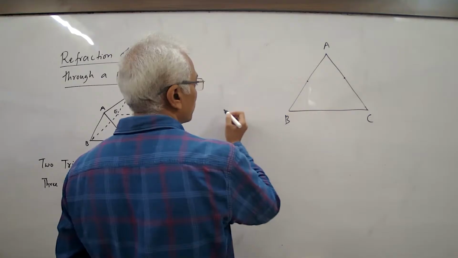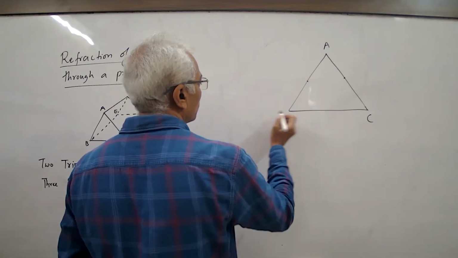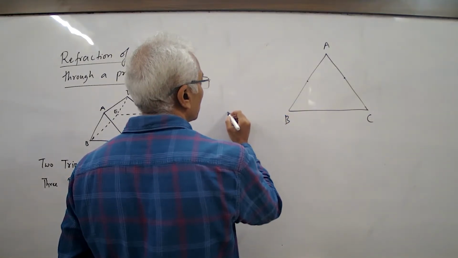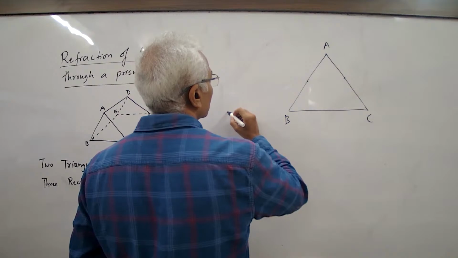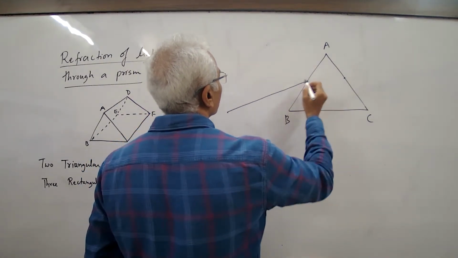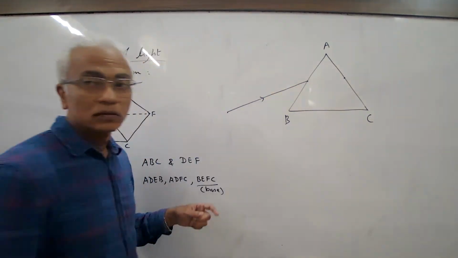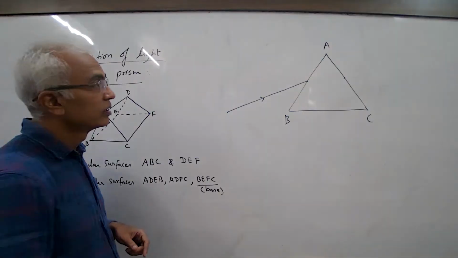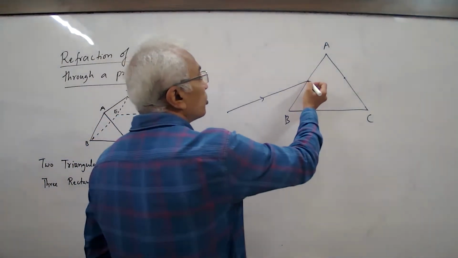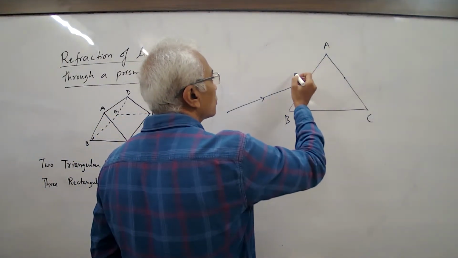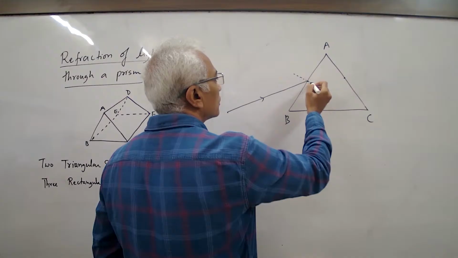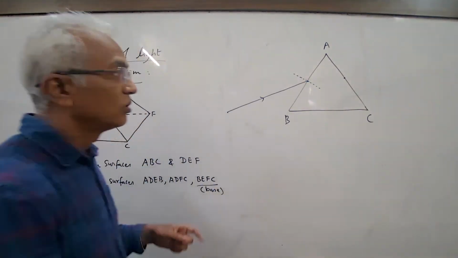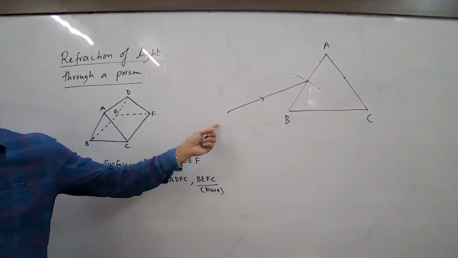So from the base of the prism, a line through the base of the prism, let us draw the incident ray like this. Okay, this is your incident ray. So this is the point of incidence. So you have to draw the normal. To be able to draw the refracted ray, you have to draw the normal.